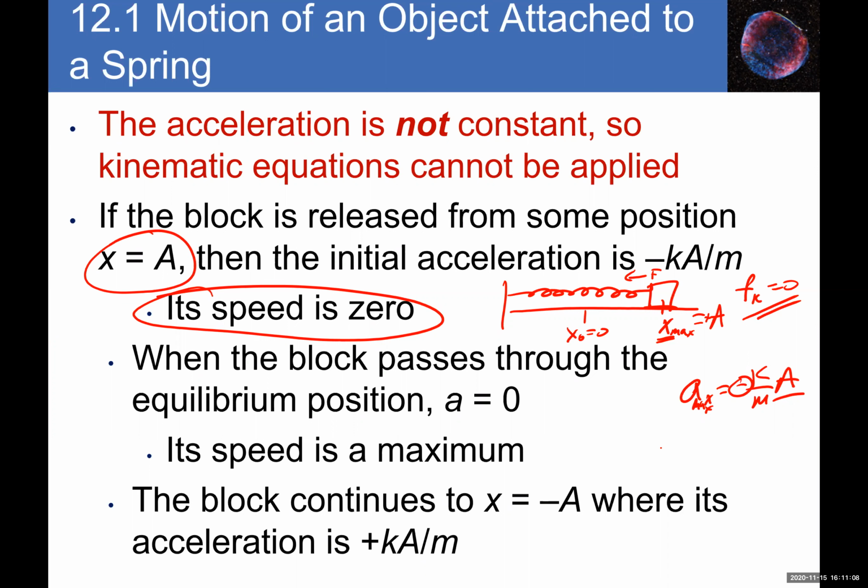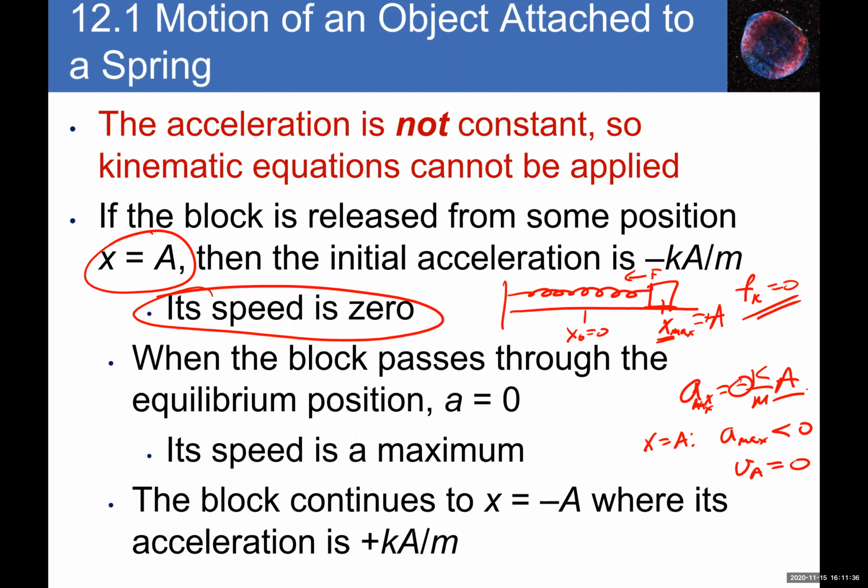So let's say right now, let's consider x equals A. So you're going to have maximum acceleration, but it's going to be negative. But then the speed at position A is going to be 0 because you're always going to start from rest. And even if it goes to the left and comes back and reaches position A again, because remember it's oscillatory, right? It goes back and forth. It's always going to stop at x equals A before going back again.